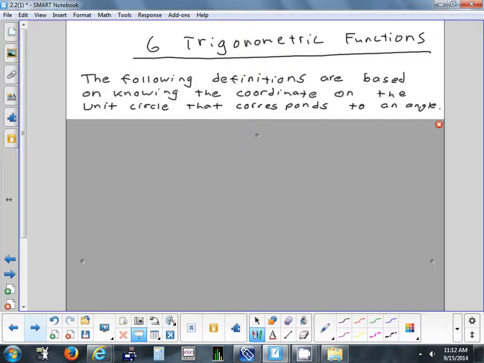And the way that I'm going to define these right now is based on a unit circle, and on the coordinates of a point that represents an angle on the unit circle. This isn't the only way to define them. SOHCAHTOA is also the 6 trig functions, except that's in terms of a triangle. We're going to study the same thing again next week in terms of a triangle, but this week we're using a unit circle.